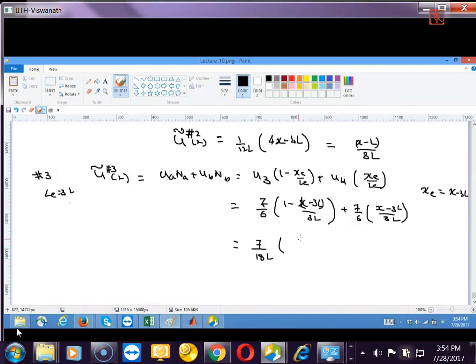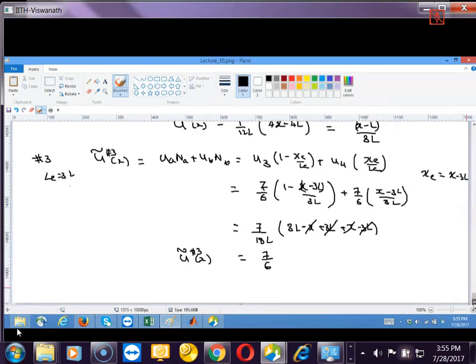So anyway, let's write it as 3L minus x plus 3L plus x minus 3L. So the x terms and the rest are gone. This will give you 7 by 6, which is independent of x.